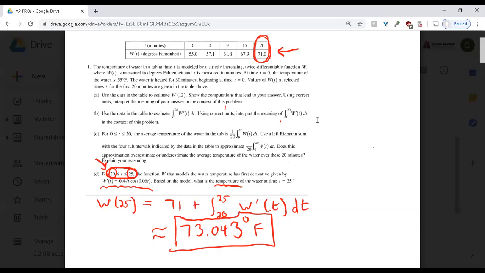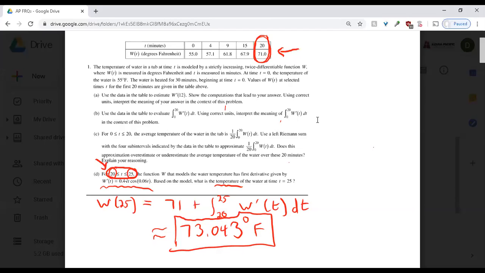So under those conditions, you can find the new temperature at a new point in time. So at the 25-minute mark, the temperature would be about 73 degrees Fahrenheit. And you also have to be able to undo a derivative to get a net change. It's like when you undo velocity, it gives you a change in position over an interval. That's okay for 1D? Yeah.